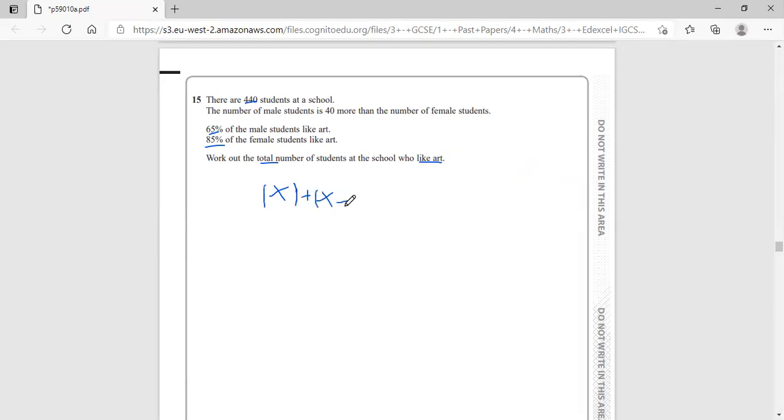Because there's 40 more. And the whole total is equal to 440. So if we just rearrange this, we'll get 2x plus 40 is equal to 440. Take away 40 from both sides, we'll get 2x is equal to 400, and then we can divide that by 2, and we get x is equal to 200.